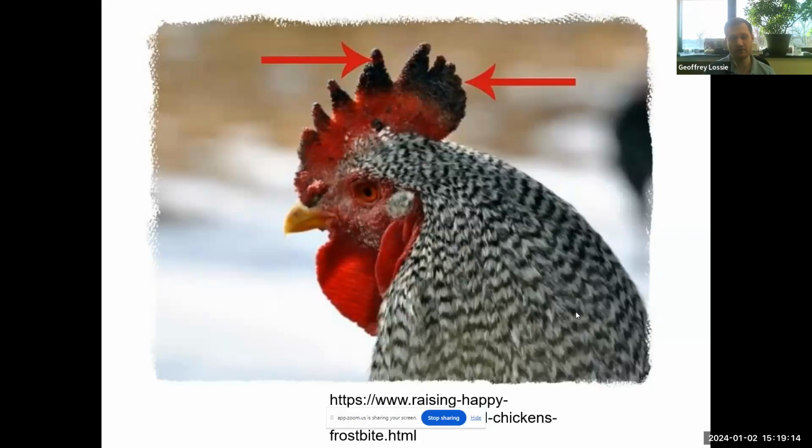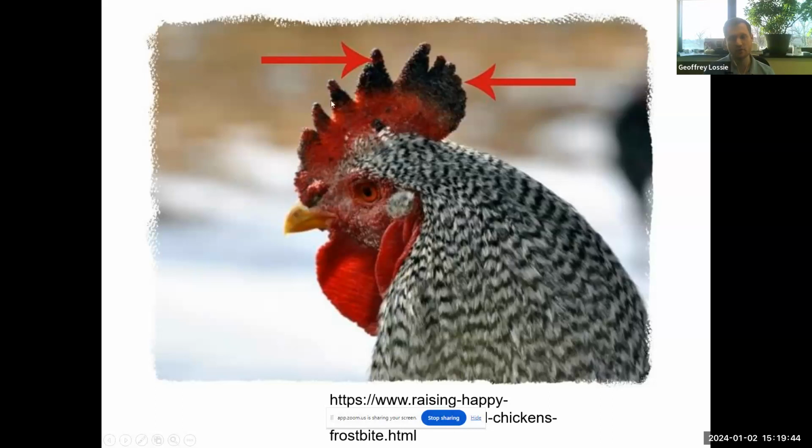What's something else that we encounter frequently here in the Midwest of the United States? Maybe not so much this year with our relatively warm winter so far, but that is frostbite. Here we've got a picture of a chicken, and you can see there is a sharp, what we call a line of demarcation between this stark black tissue and the normal healthy red tissue underneath.